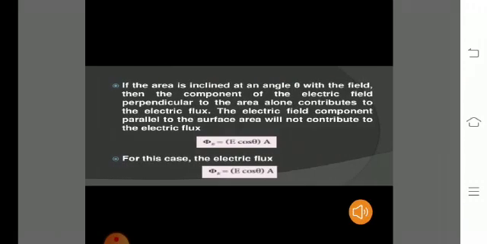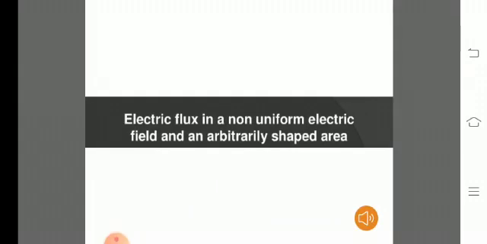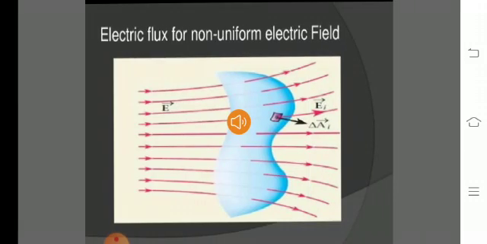Okay students, next we are going to discuss the electric flux in a non-uniform electric field and an arbitrarily shaped area. For this we consider a non-uniform electric field. In this non-uniform electric field we place an element whose area is not flat.